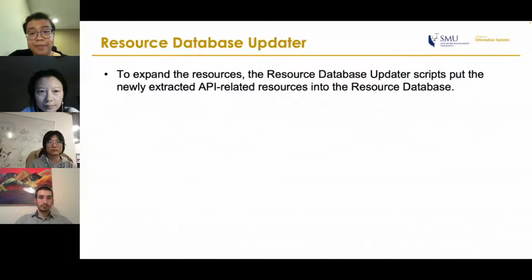In the beginning, the resource database is built and indexed using a limited set of API-related resources. The maintainer of the tool can easily expand the resources just by running the two tools, Focus and AU Search, on a new set of APIs and then executing the resource database updater script to put the API-related resources into the resource database.